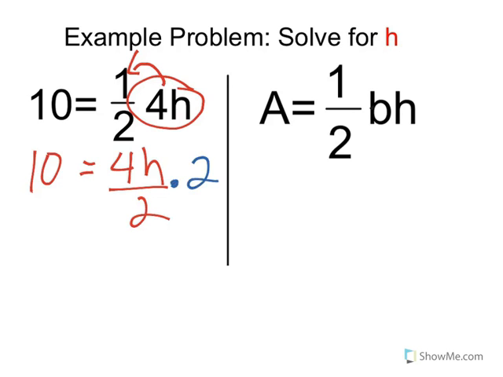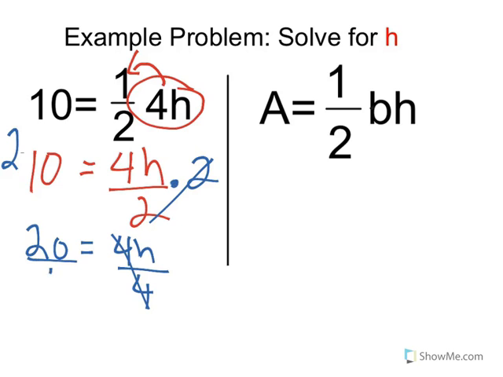So to do that, I would multiply by 2. That would cancel out, and I have to do it to both sides. So I would have 20 is equal to 4h. To get h by itself, I would have to divide by 4. So h would equal 5. That's just a regular equation, only the one variable.